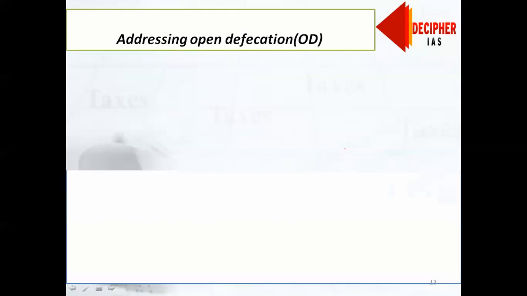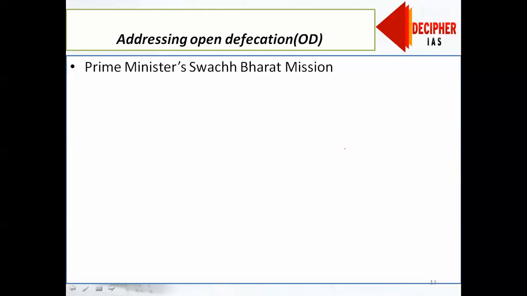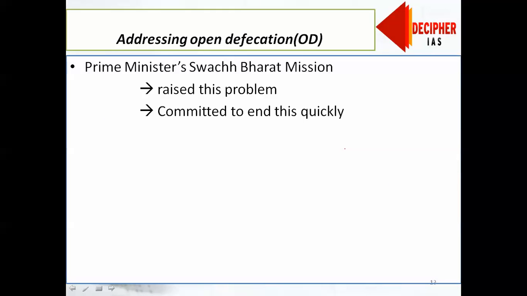So how do we address open defecation? Let's move ahead. The Prime Minister has started the Swachh Bharat mission, which is an information dissemination campaign where the problem of open defecation and its disadvantages for society are raised, and there is also a commitment to end the practice of open defecation quickly. In the last year itself, 80 lakh toilets were installed in villages under this program.